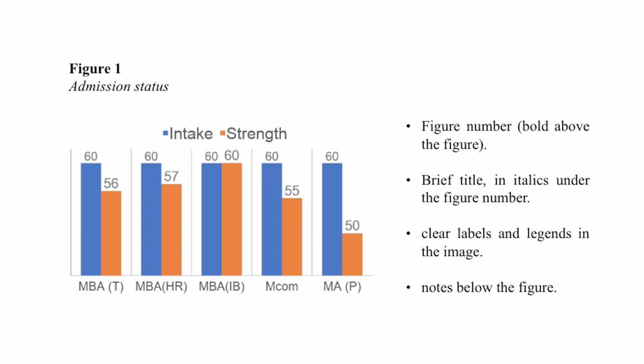I present you an example of a figure. Figure number, the title, you can see the labels and legends. These are the admission strength. So, I have mentioned here the labels and legends. If you have any notes, they should be given below the figure.